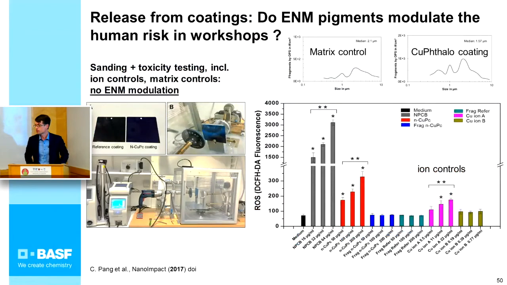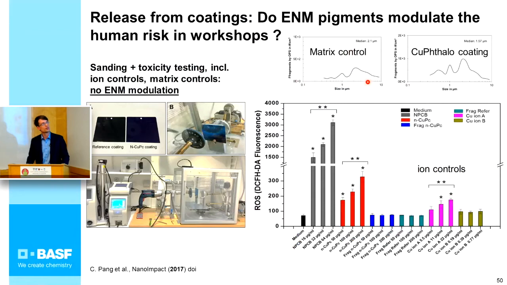So are these fragments toxic? And we picked a metal, copper, that is known to be toxic, and we looked at copper phthalocyanin pigments in automotive coatings. So you have the blue coating, you see this blue dust here from sanding.